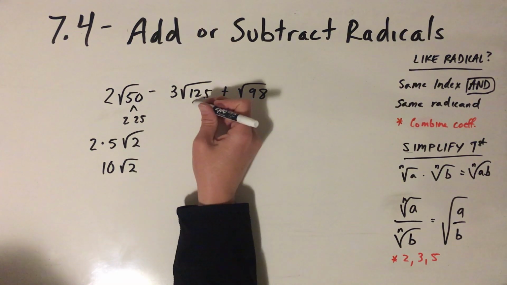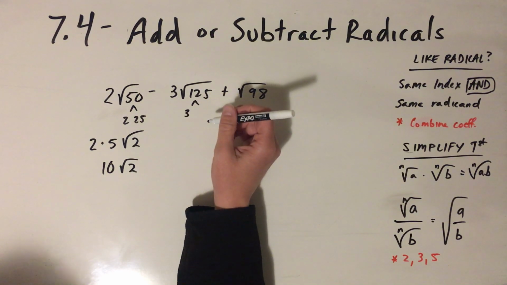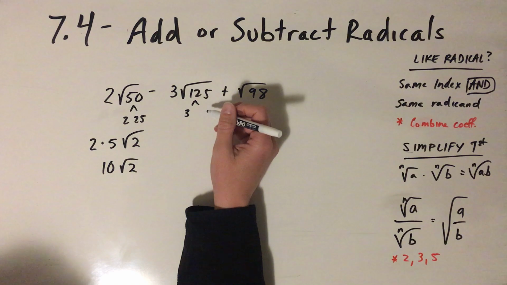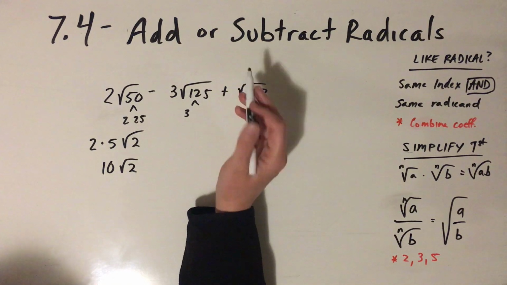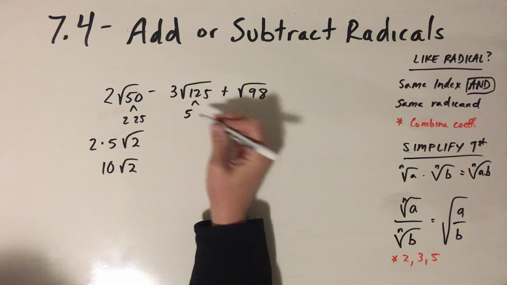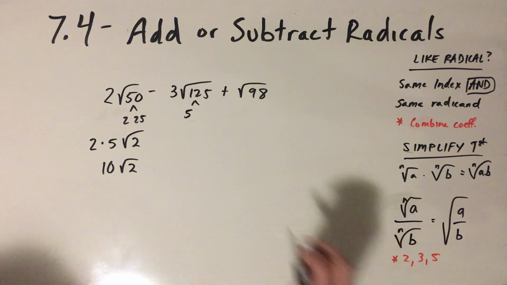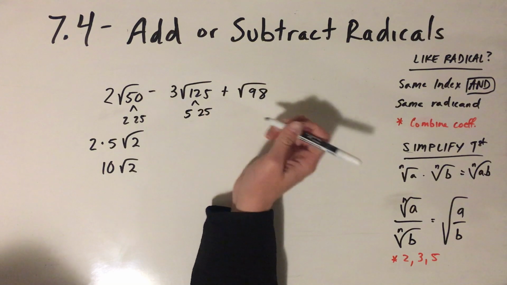Now I'm going to look at this 125. It's not divisible by 2, so I'm going to try 3. 3 isn't going to work. It'll go in 41 times with change, so we've got to go for the 5. This is 5 and 25.